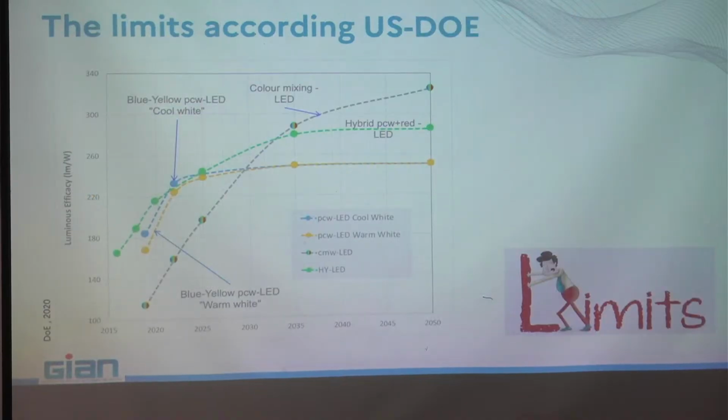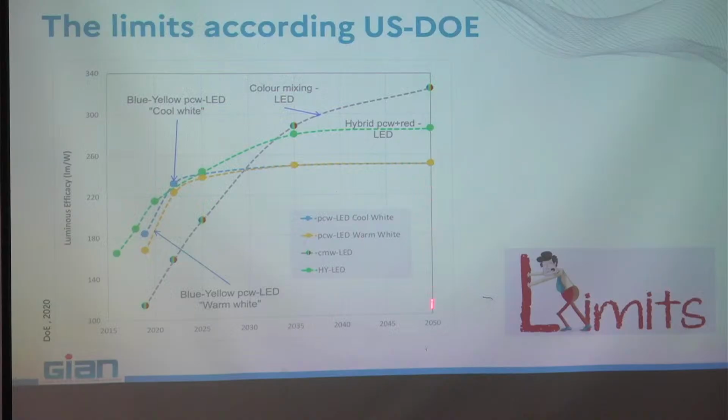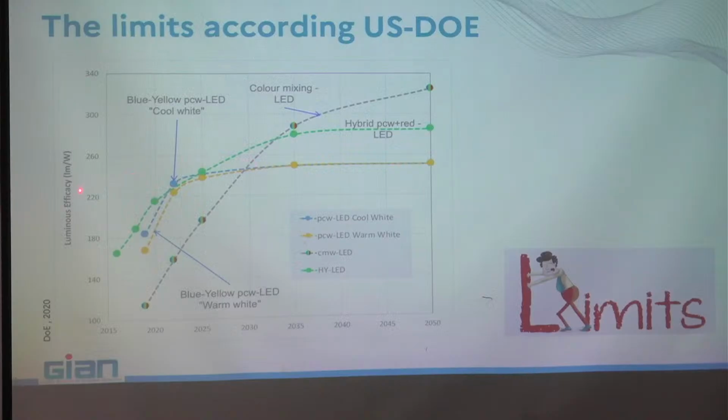Because limits exist, and this is the projection from the Department of Energy, DOE, who predicts what will be the limit for white LED lamps. We are not speaking about components here. And you can see that if you take conversion for obtaining cool white, maybe in 2050 per watt.